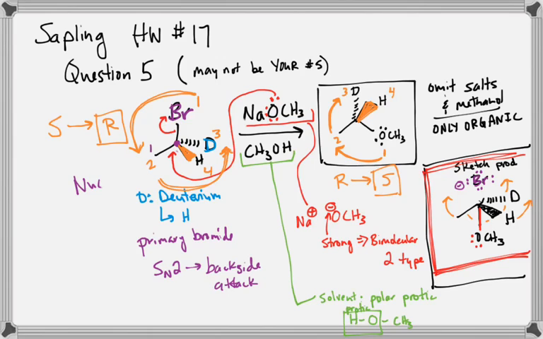The primary reason is that it needs to be correct. We should show it as it would be three-dimensional. The secondary reason, Sapling has to be able to grade these assignments. It's grading it by assigning particular thresholds for where individual bonds are allowed to be. If you don't have your bonds put in those particular threshold arrangements, it will mark it as wrong. So if you drew in my sketched product, you would probably not get credit. If you draw in the official product that I put in my black box, that should get you credit.